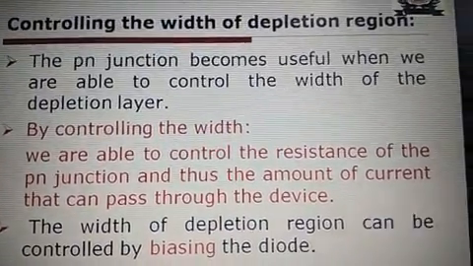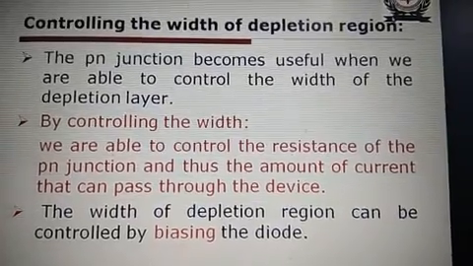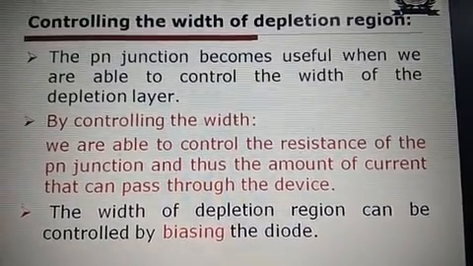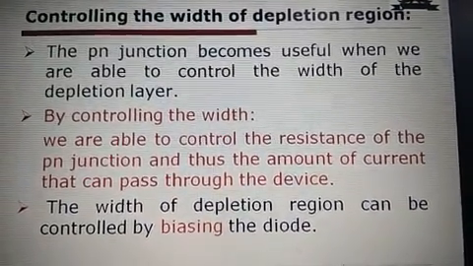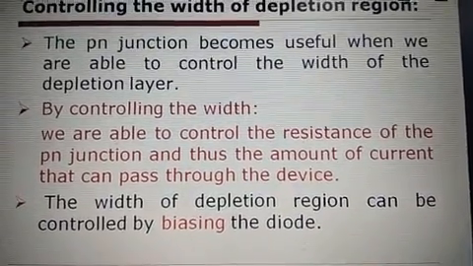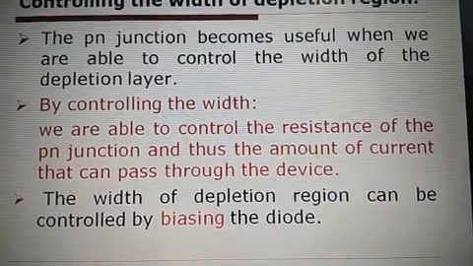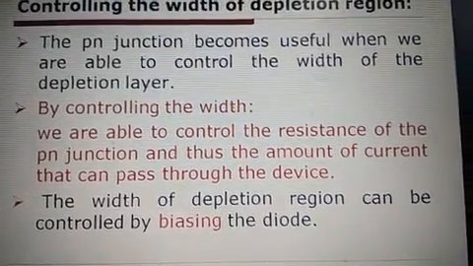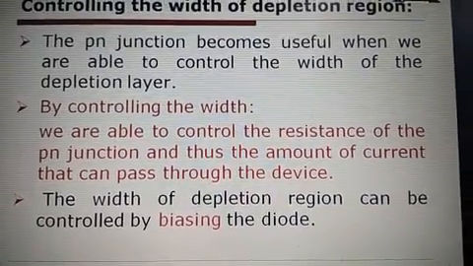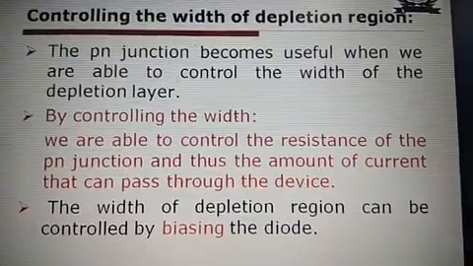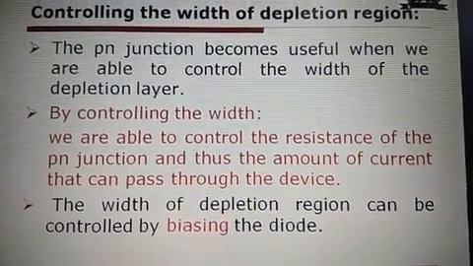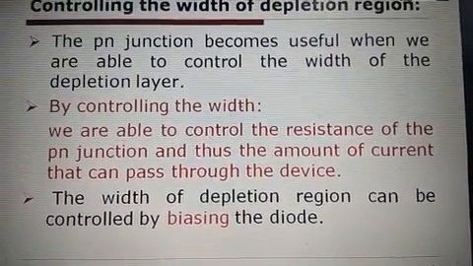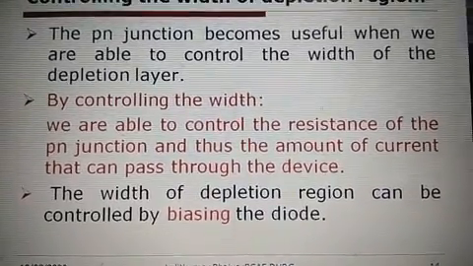The PN junction becomes useful when we are able to control the width of the depletion region, which I have already told you. The less the width of the depletion region, more current will flow, and hence the control of current will depend upon the control of the depletion region.